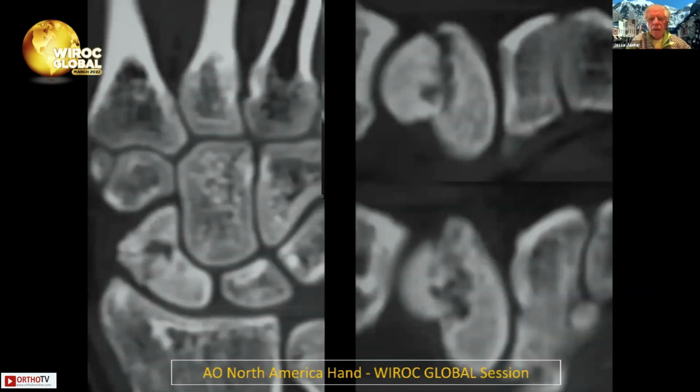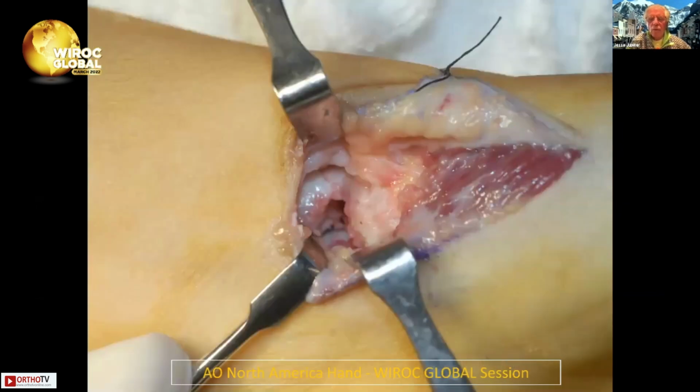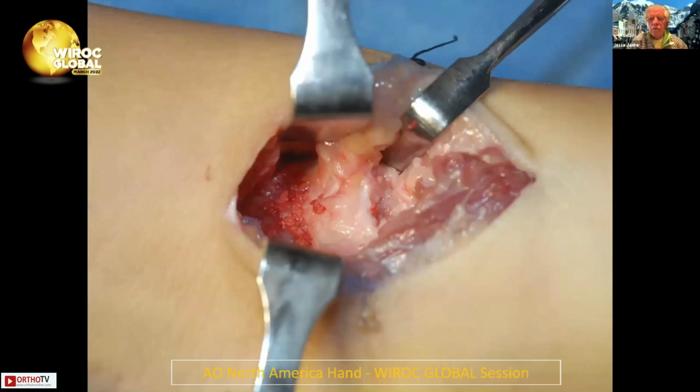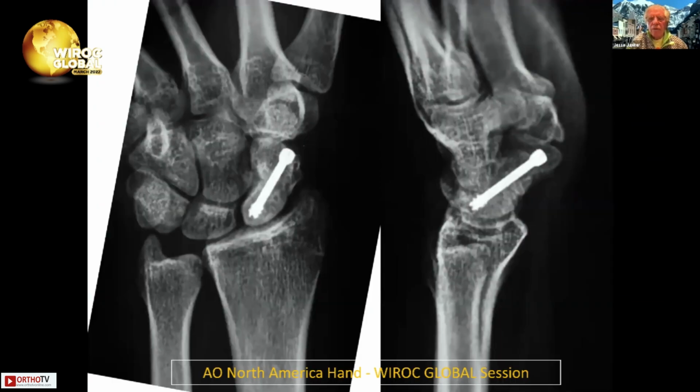This is a case, you see this type of non-union, and opening this up and creating a big void, decorticating both edges so that there are healthy surfaces, and reducing it by extension and ulnar deviation, and bear in mind that there may be a rotational deformity of the distal half. So sometimes you need to do a rotational control, placing the graft, and here's your K-wire, and then headless screw.